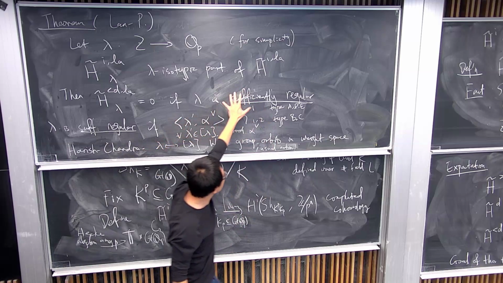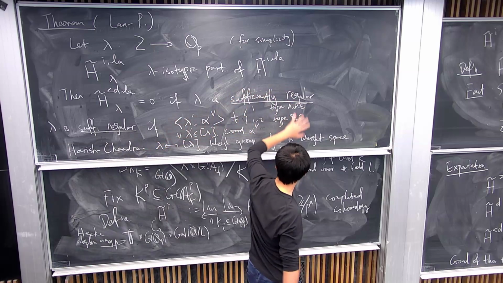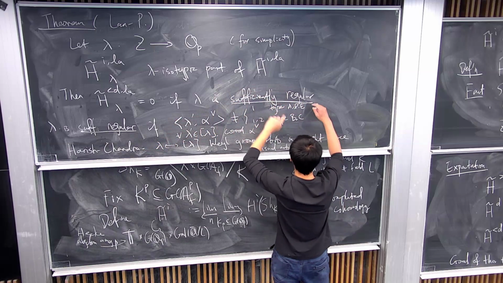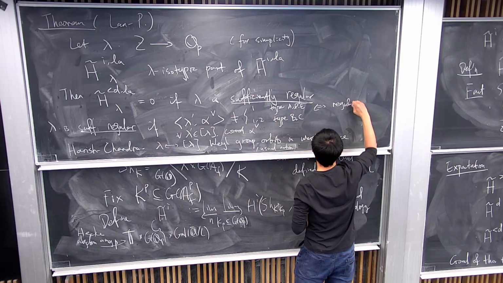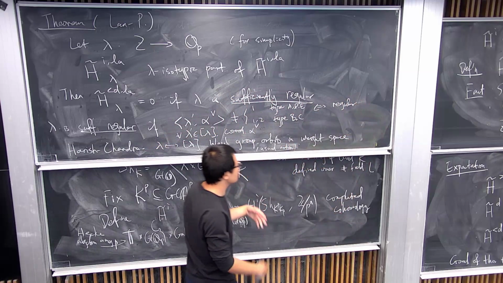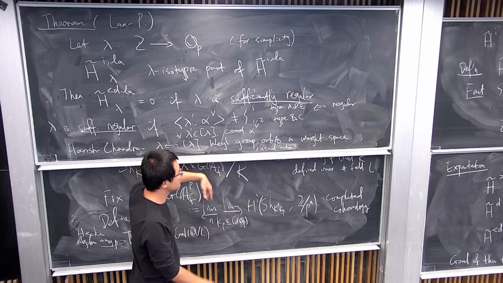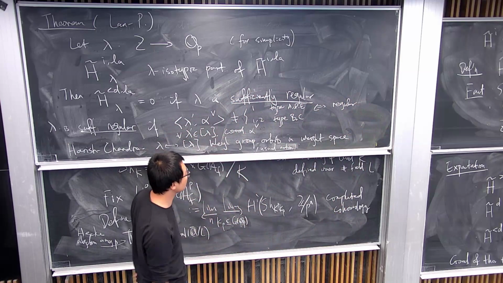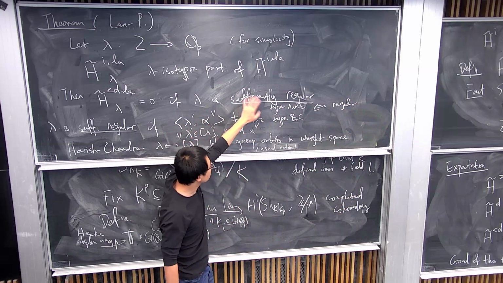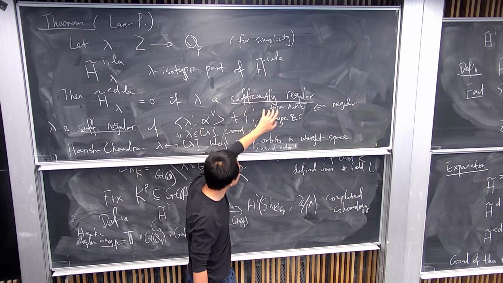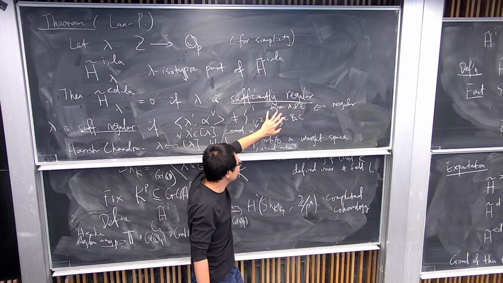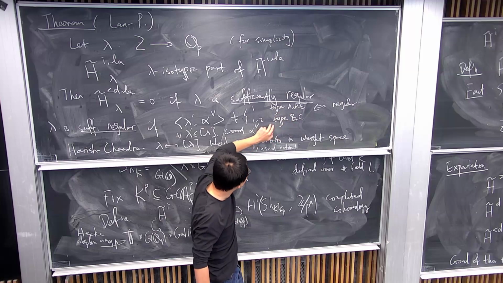So what's the relation with just being regular? In the type ADE case, this is actually the same as being regular. For example, if you start with a regular dominant weight and look at the infinitesimal character, then it's sufficiently regular. So there's no distinction between sufficiently regular and regular in type ADE. They only differ in type BC.